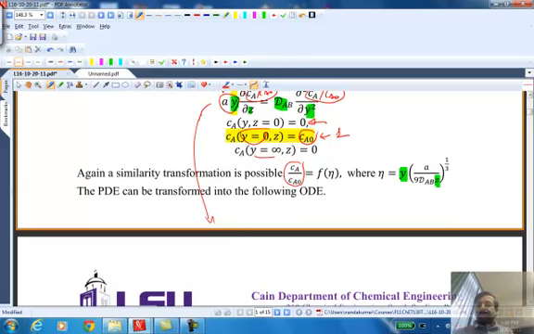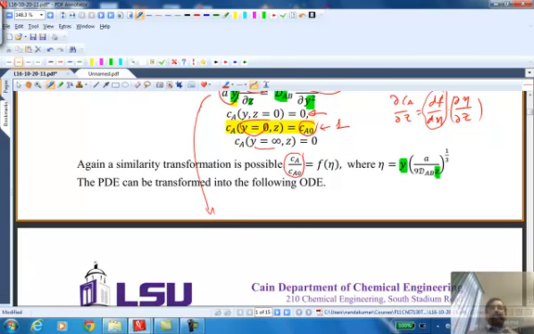Now, how do we convert that PDE into ODE? Again, through the standard process. The process would be take the term dCA/dz and write it as dF/d eta times d eta/dz. Chain rule. Okay. So dF/d eta is just F prime, and d eta/dz you need to obtain from here by taking the partial derivative.